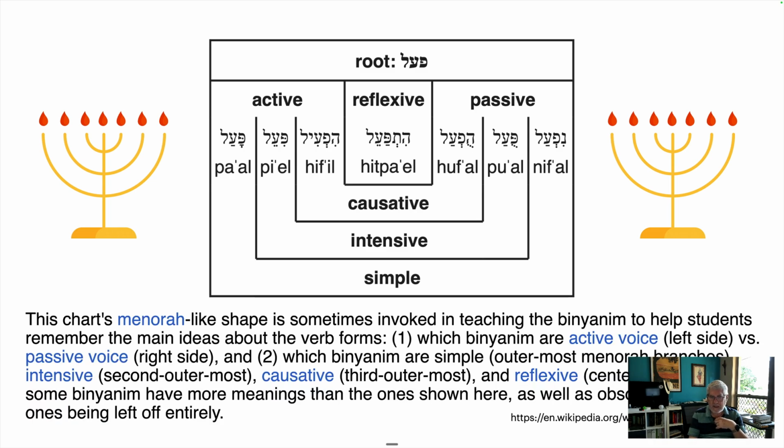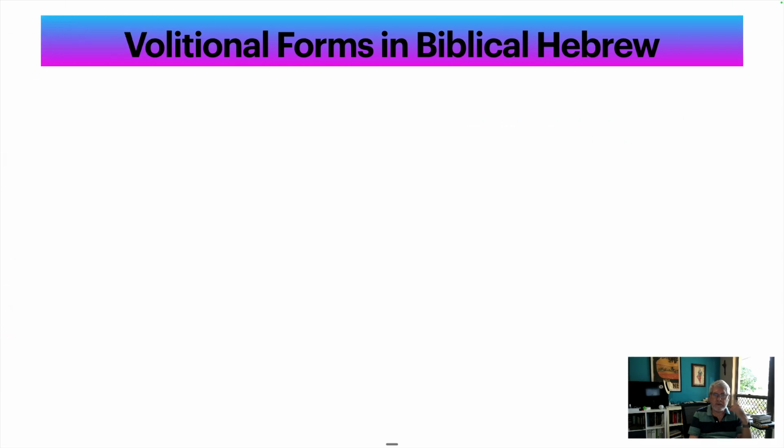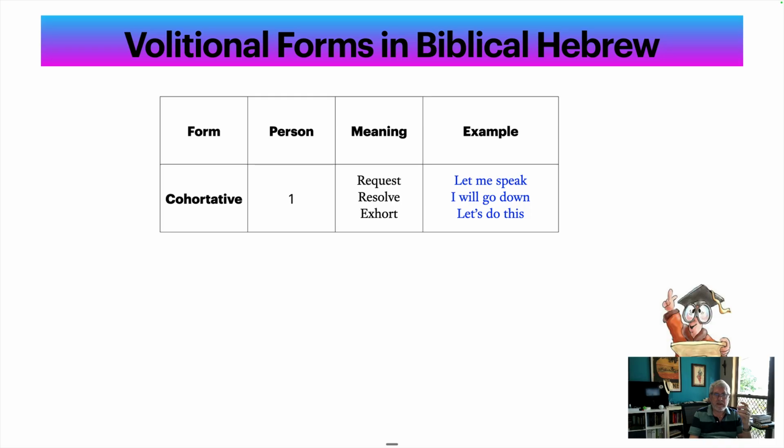Okay, and this comes from a Wikipedia page on modern Hebrew verbs, but it does also have application to biblical Hebrew. So the volitional forms that I mentioned, if it's first person, basically these are different nuances of the imperative. At least that's how I would understand it in my own little brain.